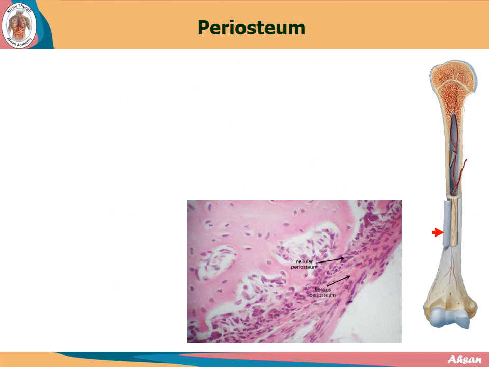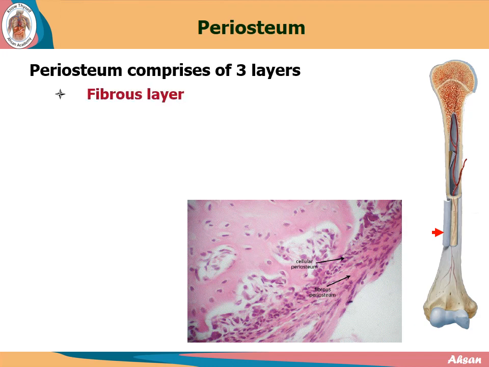Periosteum is the covering of the bones. It is present all over the bone except the articular surfaces, where the surfaces are covered by cartilage known as articular cartilage. The periosteum comprises three layers detectable histologically. The outer part is fibrous, meaning the content of collagen fiber is more.